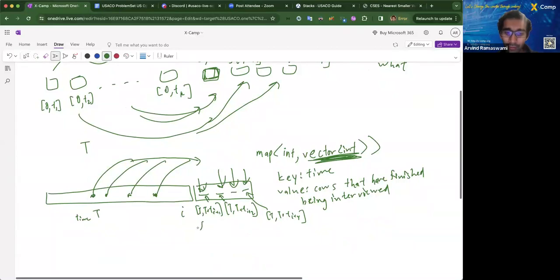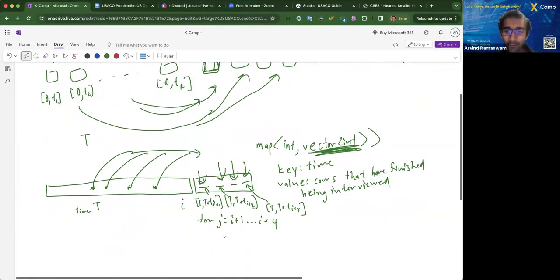So we could do something like for j equals i plus 1 to i plus whatever this length is. Then just call this events. Then you can do events[t plus t_j].push_back(j), right?